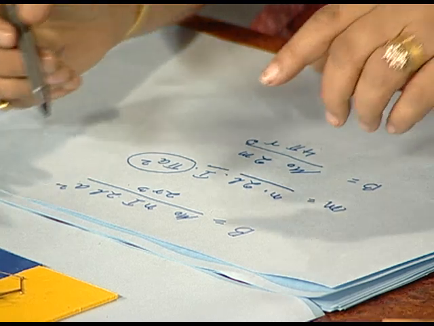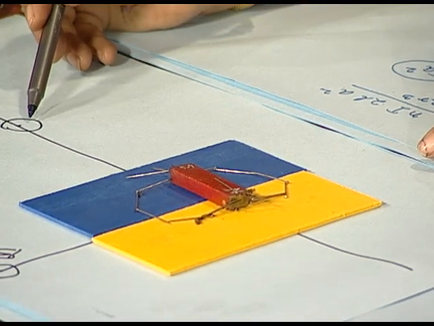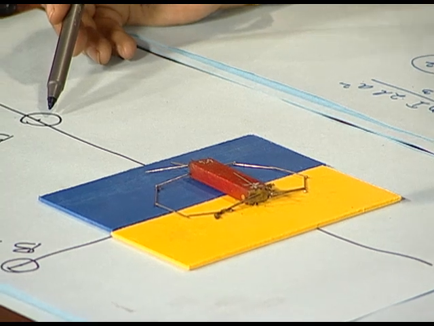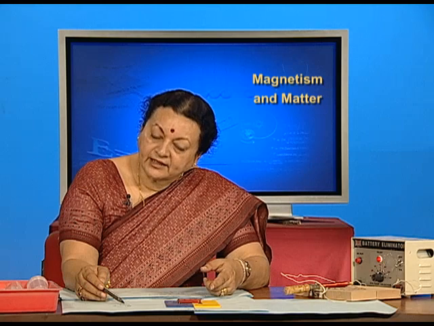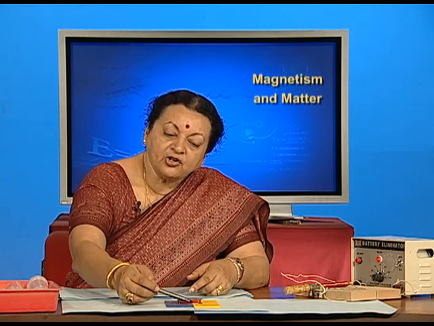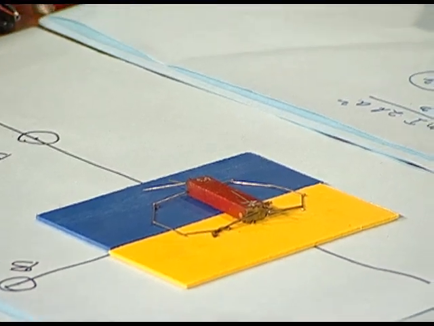If you are to relate this value for the magnetic intensity with that of an electric dipole, you can then say that the value along the equatorial line would be exactly half of this.